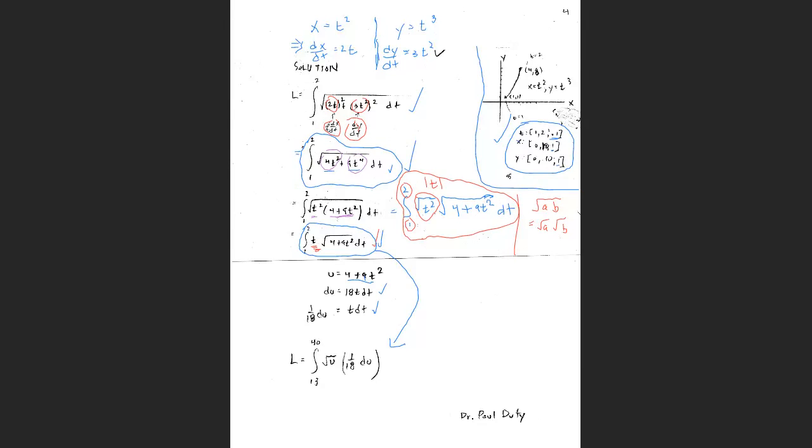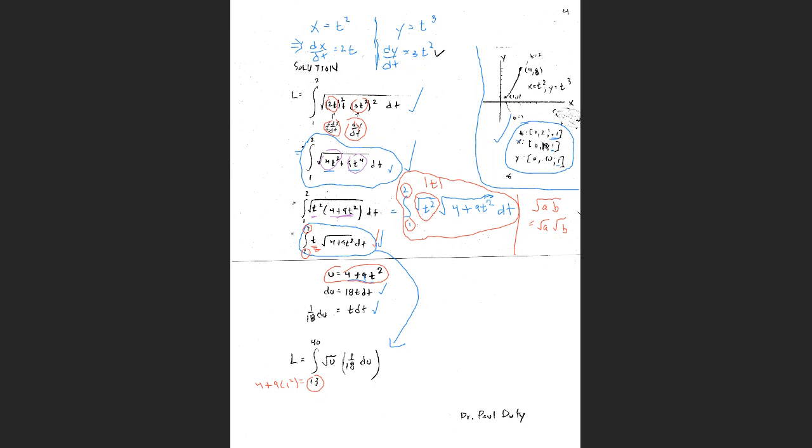The limits, incidentally: the bottom limit is 13. How do we get 13? Well, remember, u is 4 plus 9t squared. So 4 plus 9 times 1 squared equals 13, because the bottom t limit was 1.